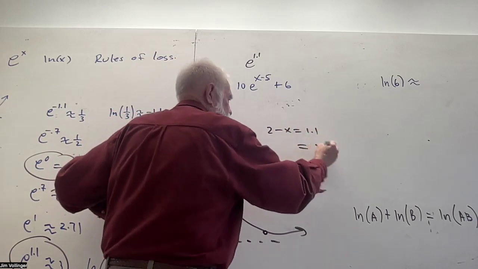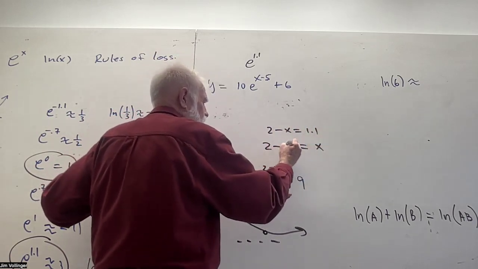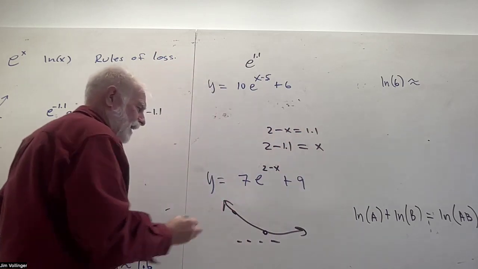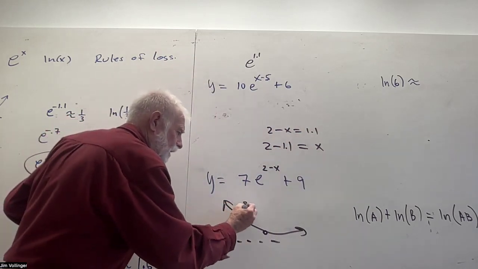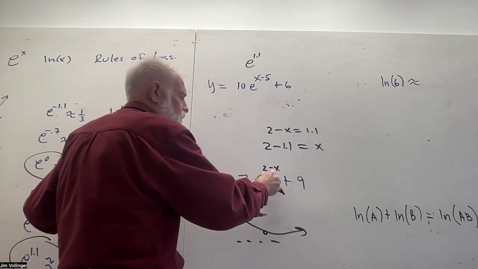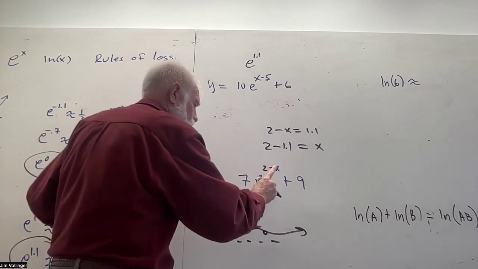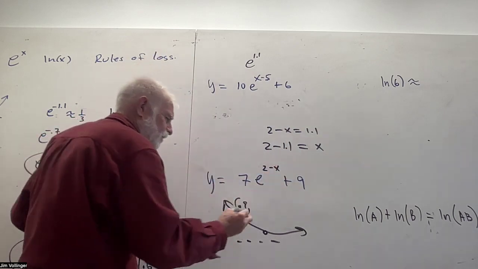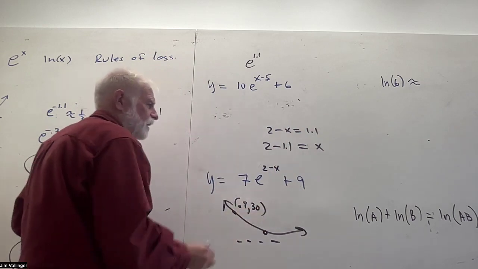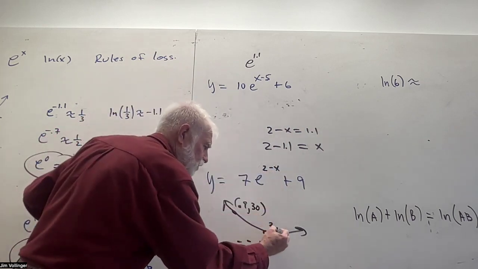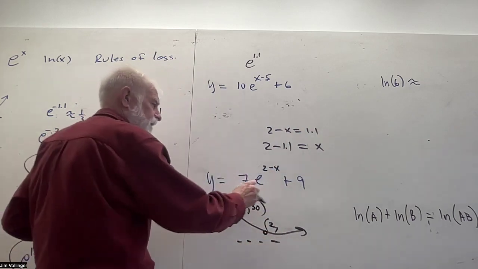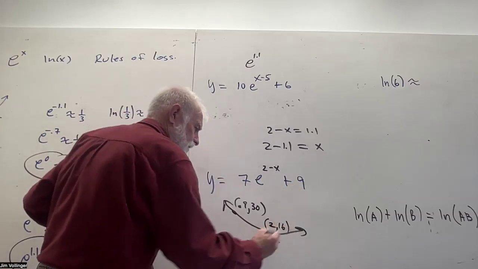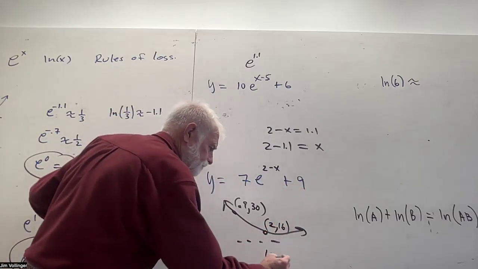Well, I'm going to move the x to that side. I'm going to do 2 minus 1.1. That's not too bad, 0.9. So therefore 0.9 right here. 2 minus 0.9 gets me 1.1. So 21 plus 9, 30. And then if I make this a 0, which is 2, if I put that in, I get 7 plus 9, 16. Okay, and that's y equals 9.